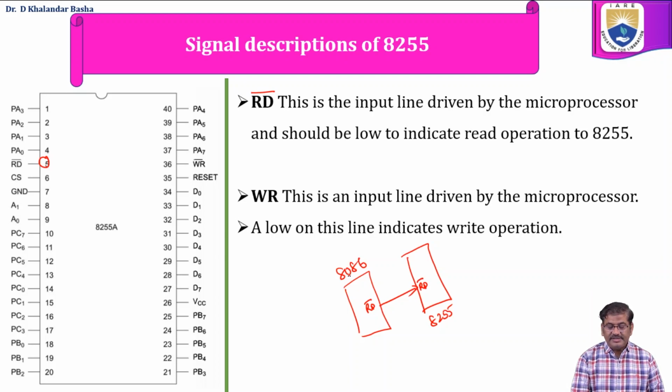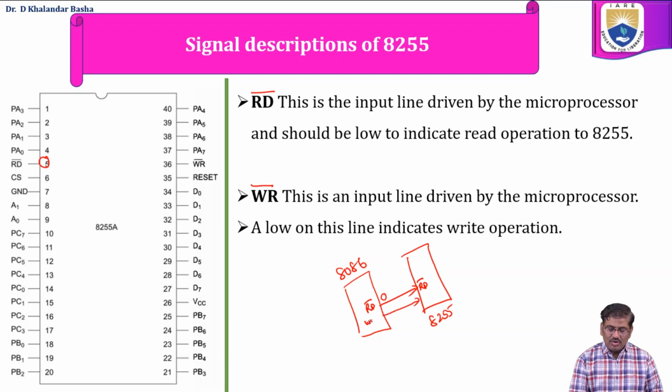This read signal is an output with respect to 8086, whereas it is an input for 8255. Whenever this goes low, because it is an active low signal, whenever this signal is 0, it indicates the processor is reading data. It may be reading data from any one of the ports, either port A or port B or port C.